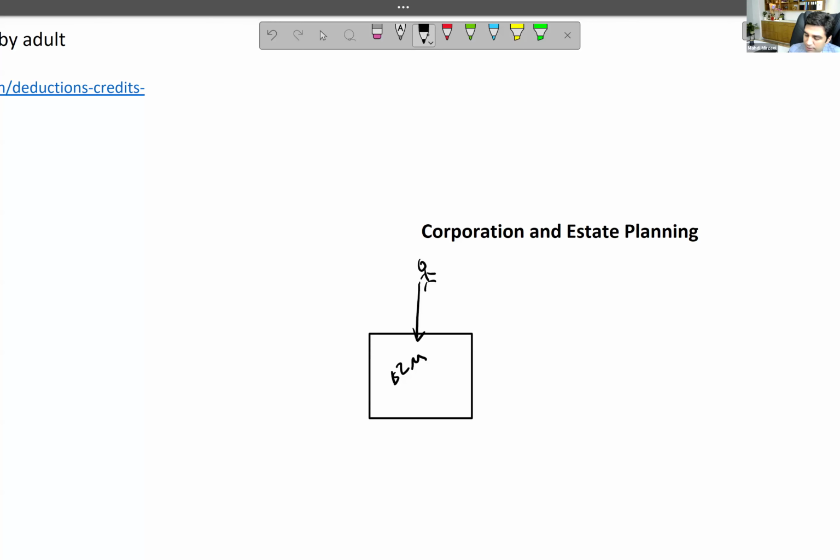You have some assets here that are working: sets of machineries, everything, brand, customer list. Sometimes you can sell these assets, and the majority of times the buyers want to buy the assets. But sometimes someone comes in and says, I want to buy the shares of this corporation, so I want to become the new owner and you will no longer be the owner of the corporation.